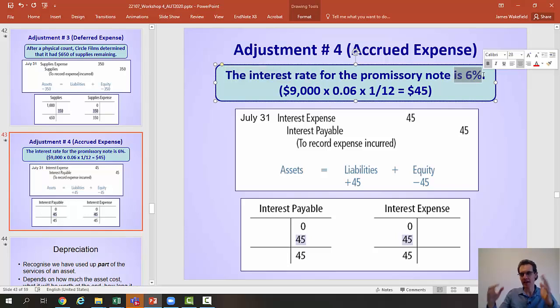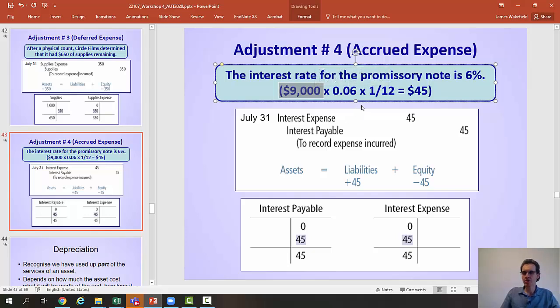So if the loan is a 6% annual rate of interest charge, if we have the loan outstanding for part of the period, then of course we need to calculate what interest expense has been incurred for that part of the period to the end of the financial period. So in this particular case, we took out a loan, as we saw last week, to purchase a video camera that cost $9,000.